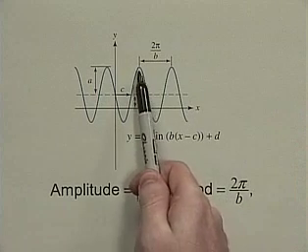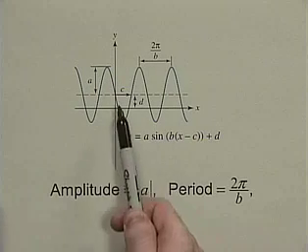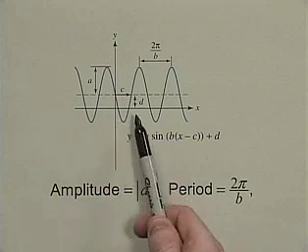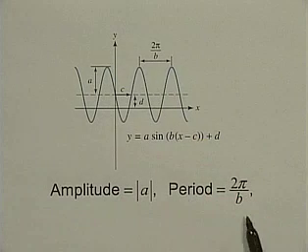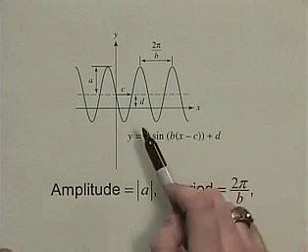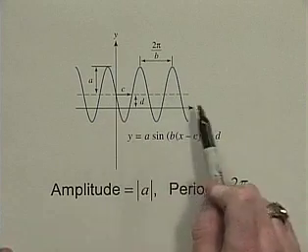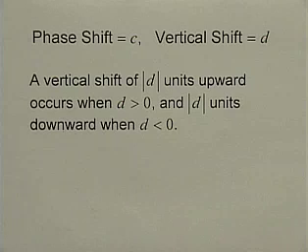That's how long it takes to get from the crest to the crest, or the trough to the trough, or from the midpoint going down to the next midpoint going down. That's the period. The phase shift, c, is how far we've scooted it to the right, and the vertical shift, d, is how far we've moved it up. So phase shift is equal to c, vertical shift is equal to d.